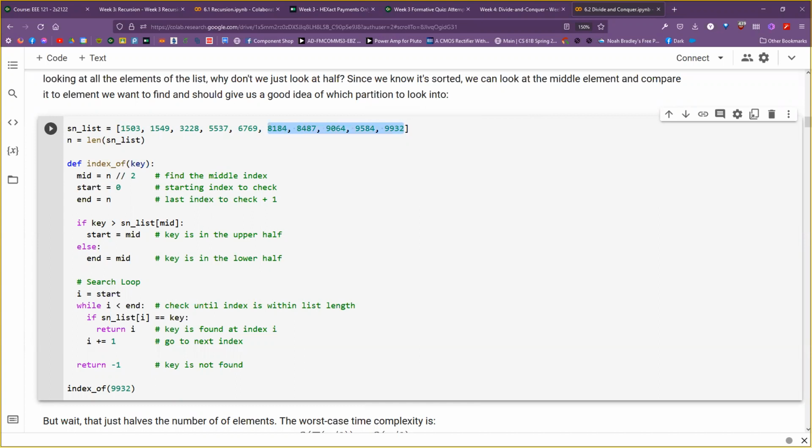So, essentially, ang nangyari ay, ito yung buong list natin. And then, tinignan natin sa gitna kung ano yung kailangan pa natin check. So, since alam natin sorted, kung sinesearch natin is 9932, o compare natin dito, mas malaki siya kay 8184. So, pwede na natin i-disregard lahat ng nasa left niya.